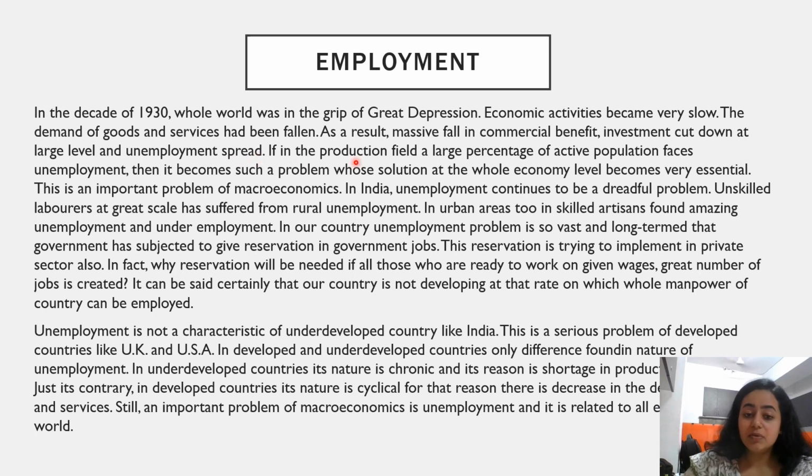If in the production field a large percentage of the active population faces unemployment, then it becomes a problem whose solution at the whole economy level becomes very essential, because unemployment has a trickling effect. When people are unemployed, they are not able to fulfill their daily necessities, and it creates a lot of other problems in the economy as well. So this needs to be dealt with. In India, unemployment is still a very big problem.